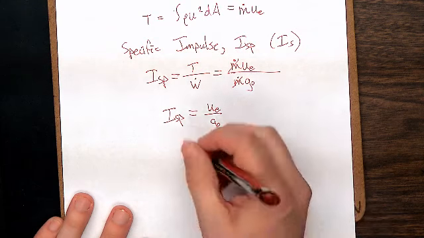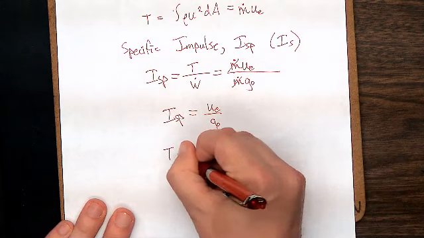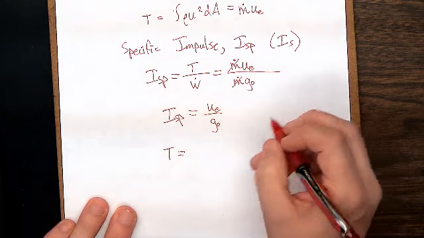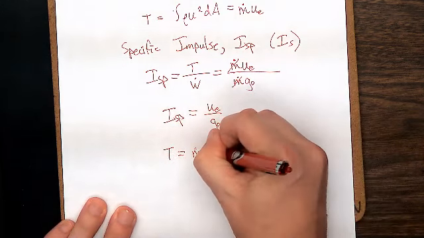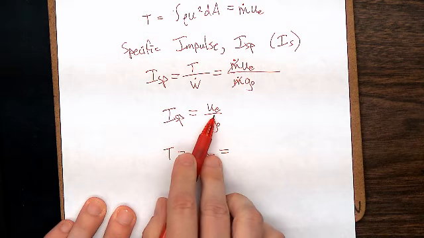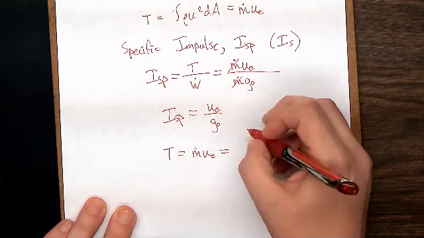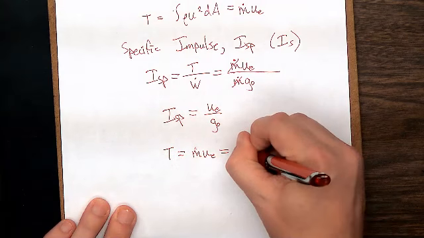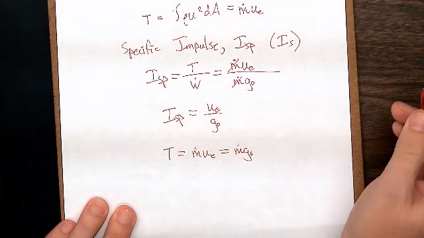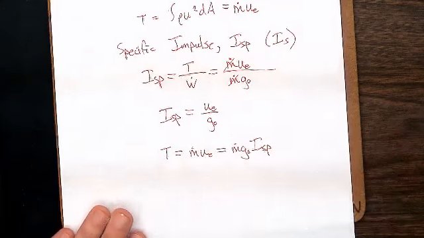Okay, the last thing I want to write down is the relationship that thrust is equal to m dot times u exit. If we solve for u exit in the prior equation and plug that in, we have m dot times the gravitational constant times the specific impulse.